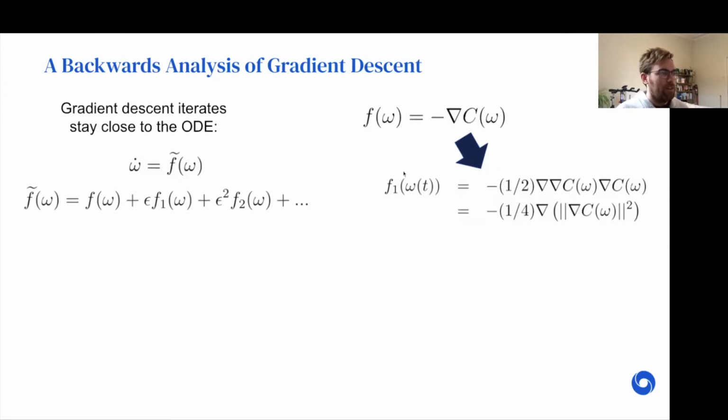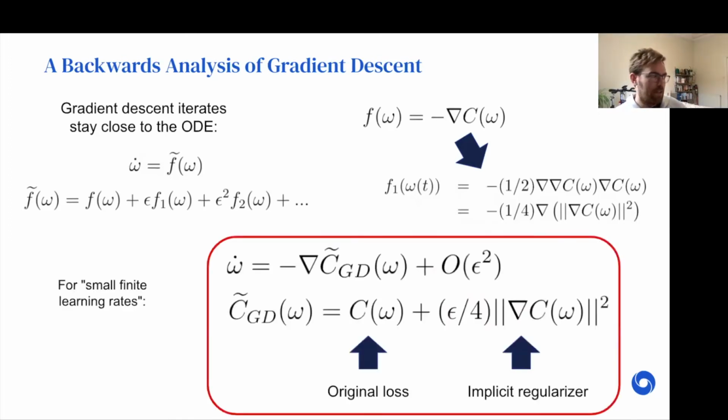And then if I substitute that into the expression I derived for the first order correction, the first order correction will just be a half times the Hessian vector product of the Hessian and the gradient. And I can simplify that slightly by remembering that this Hessian vector product is just equal to the gradient of the squared Euclidean norm of the gradient. So grouping that all together, we've just proved that so long as the learning rate is not too large, then the discrete iterates of gradient descent would actually coincide with the solution to an ODE. And remarkably, that ODE is still gradient flow.